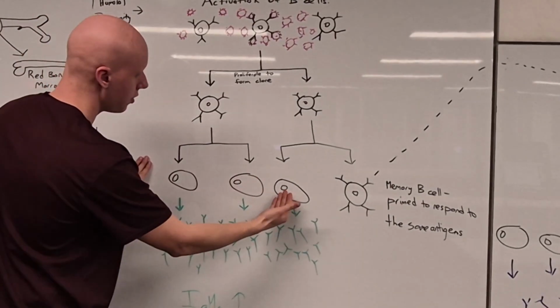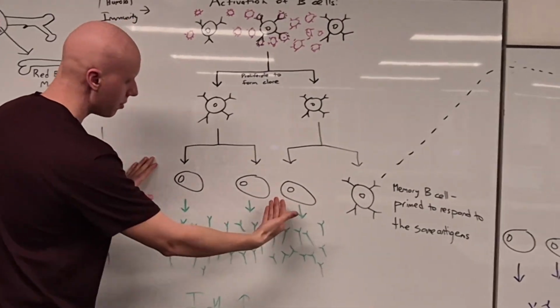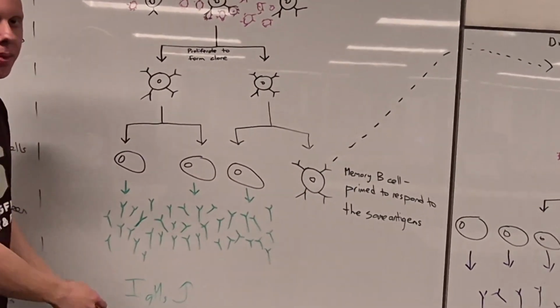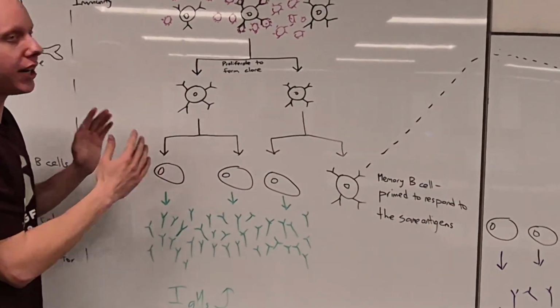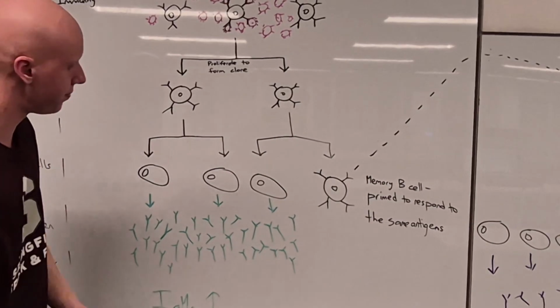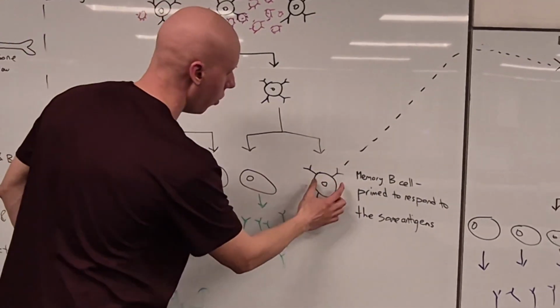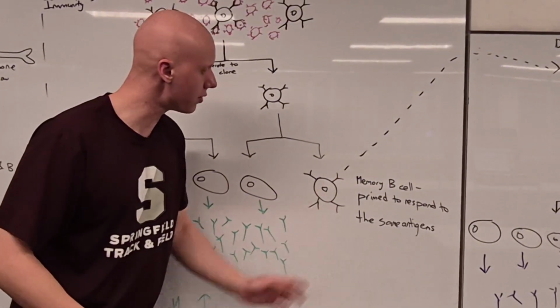And these plasma cells, you're going to get more plasma cells than memory cells. These plasma cells release IgM antibodies because we're talking about the primary response here in humoral immunity. The primary response will result in IgM secretions. You will also get 1 less memory cells than plasma cells, but you'll still get some memory cells from this.